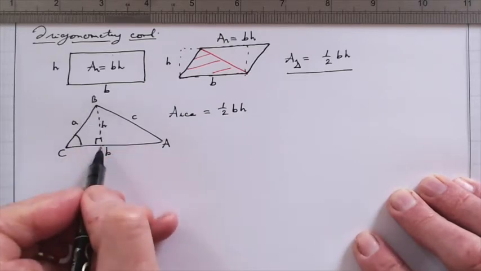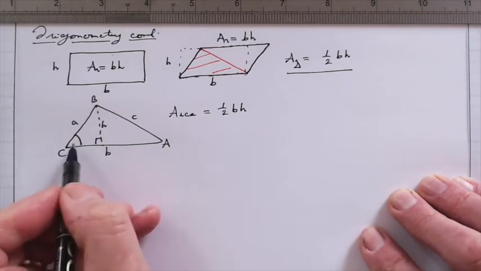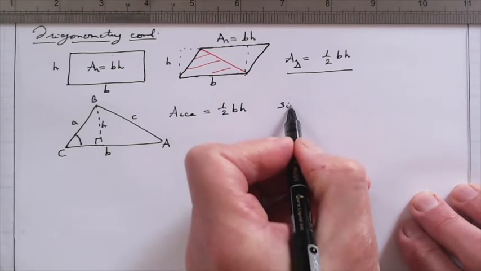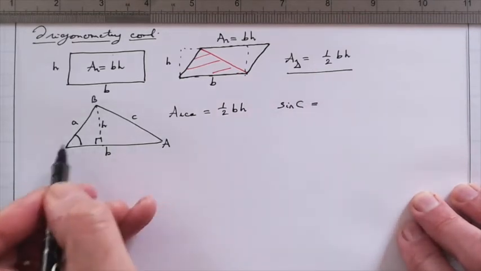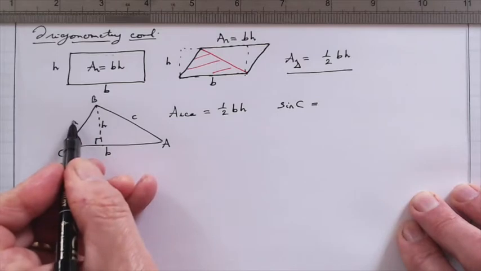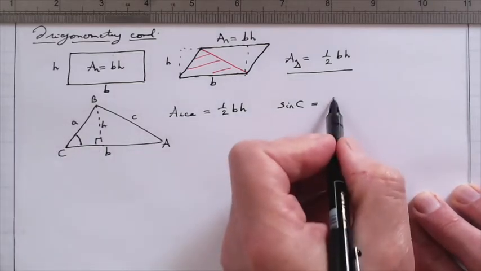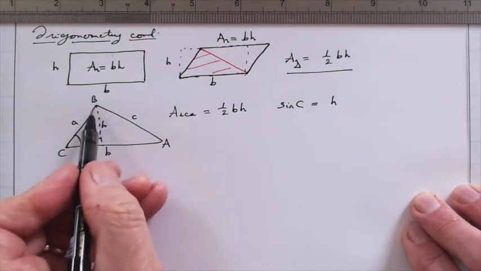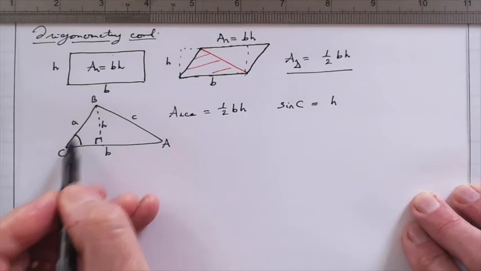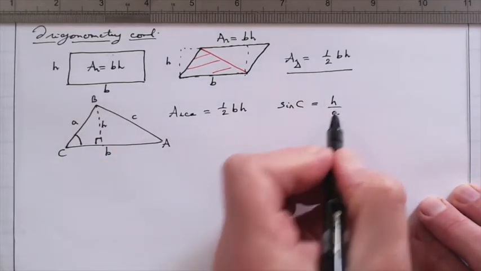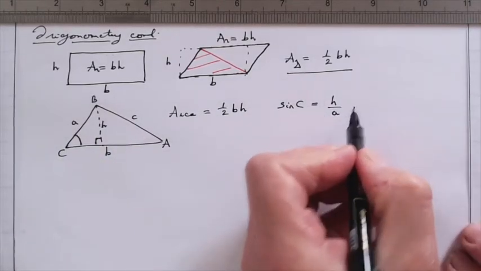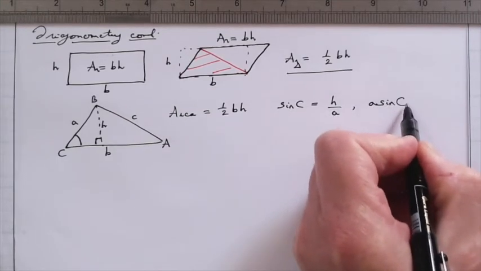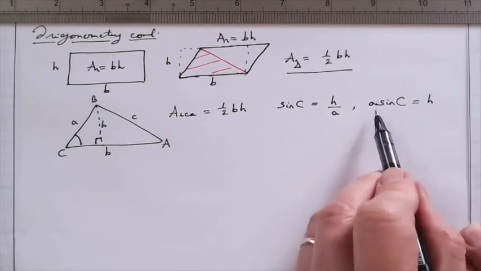And so in this right angle triangle, I can use my definition of the sine of angle C. And we see that the sine of angle C is the opposite over the hypotenuse. The opposite is h, and the hypotenuse in this right angle triangle is the side opposite to the right angle, and that is side a. And so rearranging this formula, multiplying up by a, I have that a times the sine of C is equal to the height of the triangle.